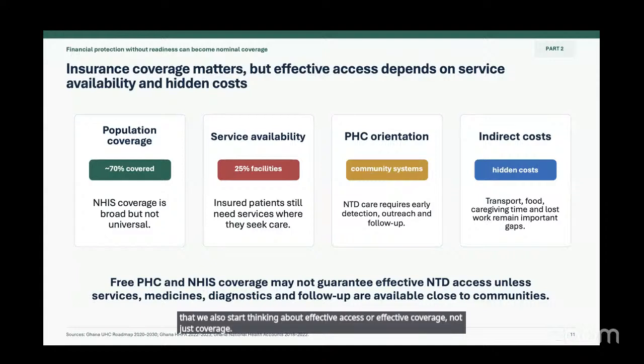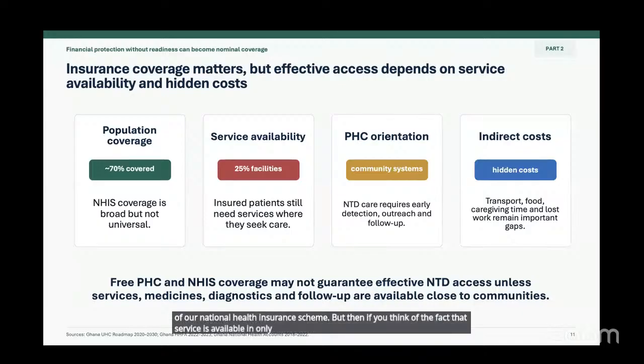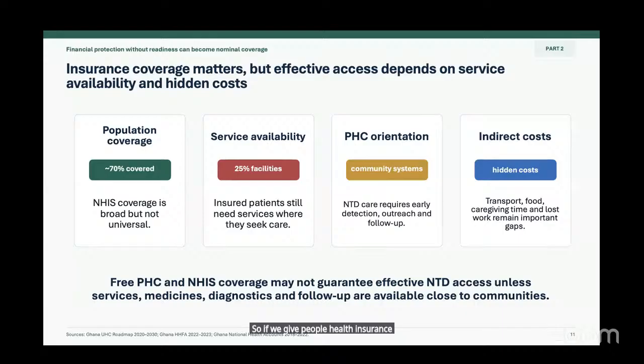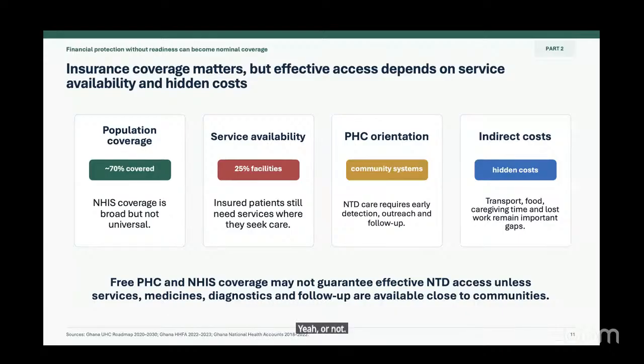So for instance, currently we have close to about 70% coverage of our national health insurance scheme. But if you think of the fact that service is available in only 25%, that raises a question about whether this coverage is actually effective. If we give people health insurance cards and make sure that their cards are active, would they actually get the care when the need arises?